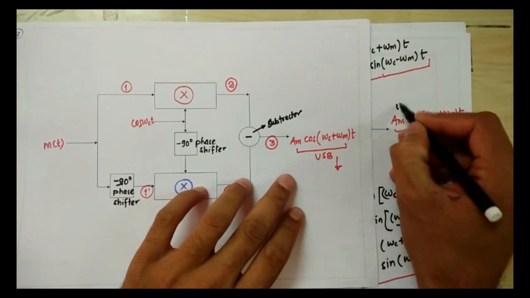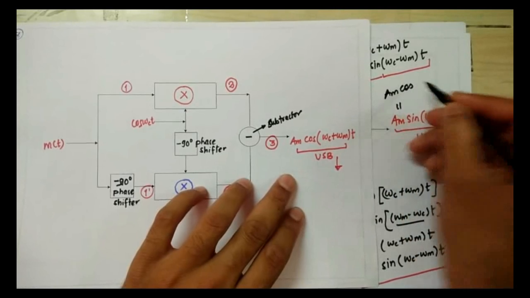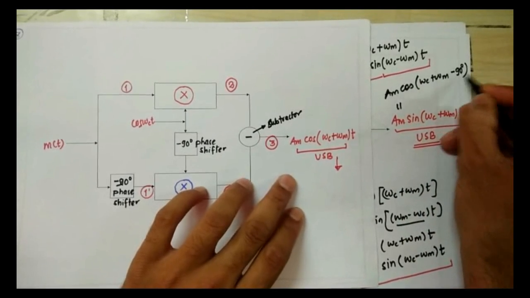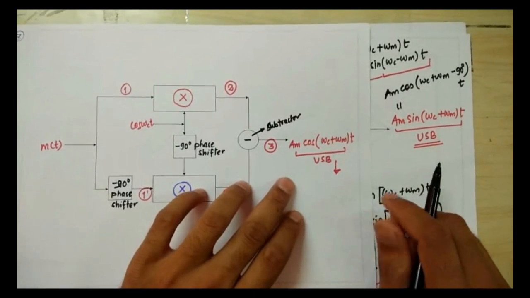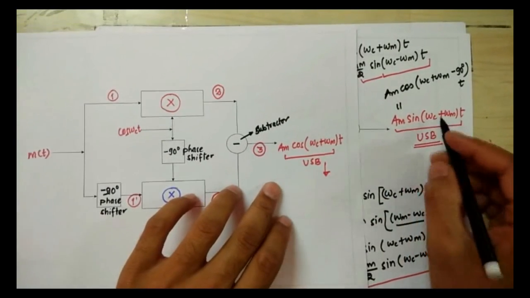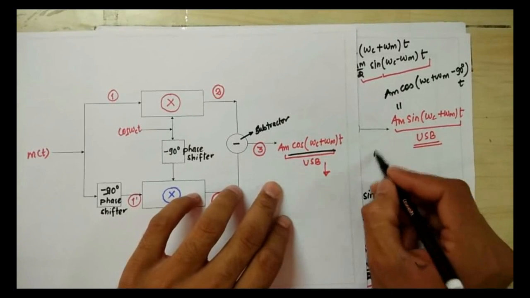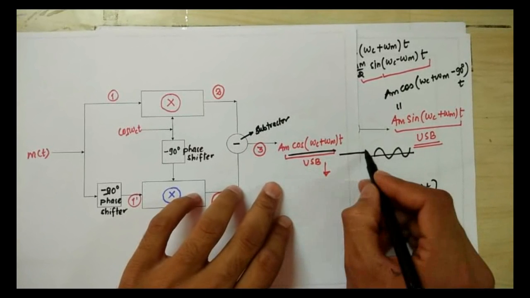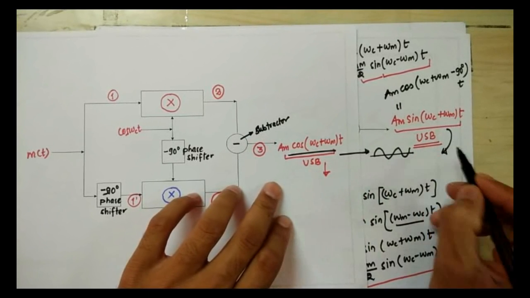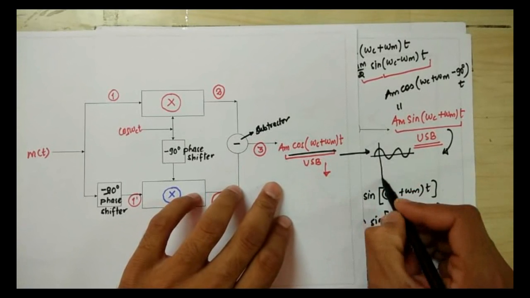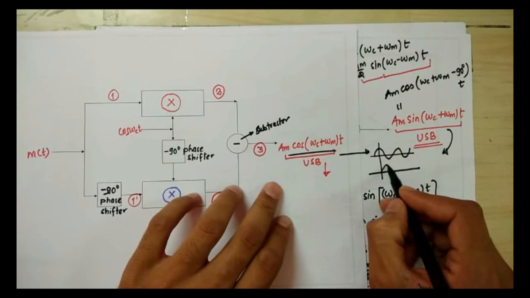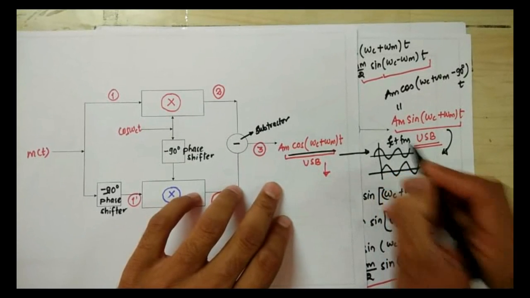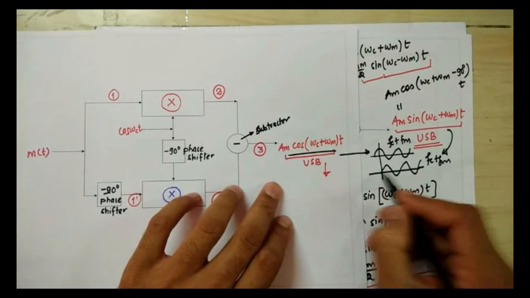So basically this is the USB signal, which is cos of omega c plus omega m t minus 90 degrees. You get this signal here, but the frequency is fc plus fm, and here too the frequency is fc plus fm.